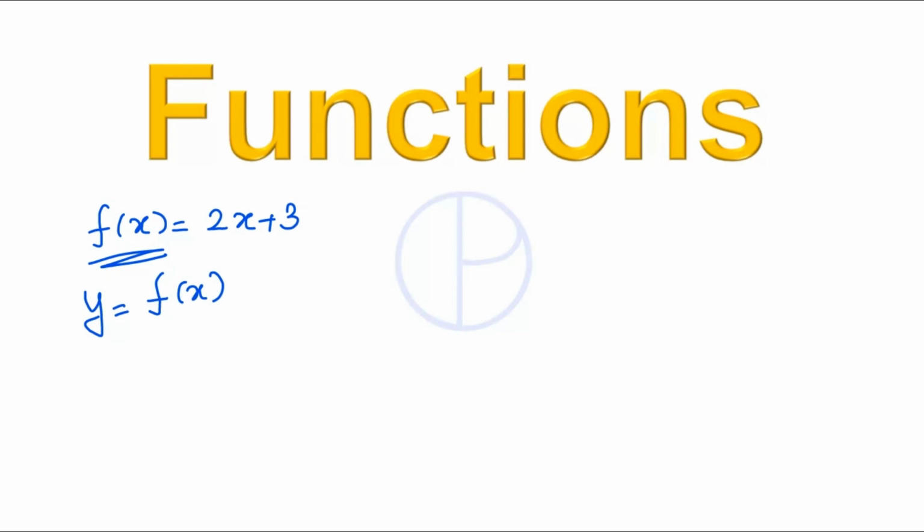You can think of this as a function, 2x plus 3, or as an equation. An equation like this, y is equal to 2x plus 3, is a linear equation.